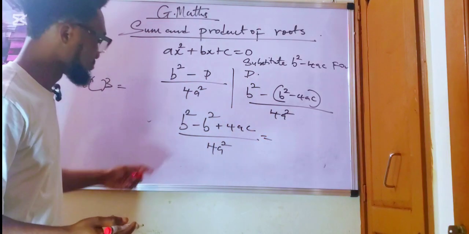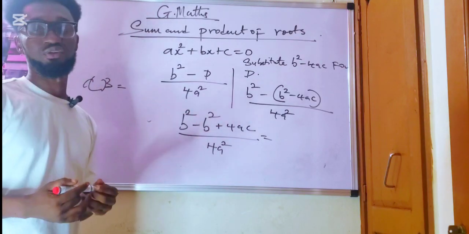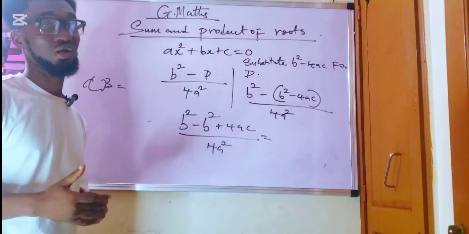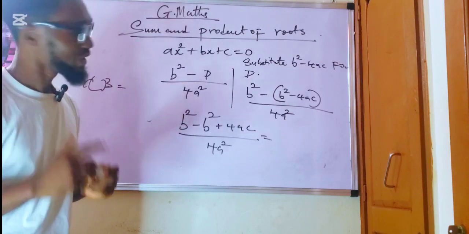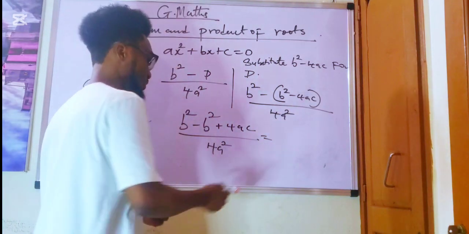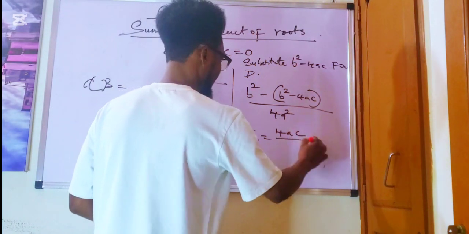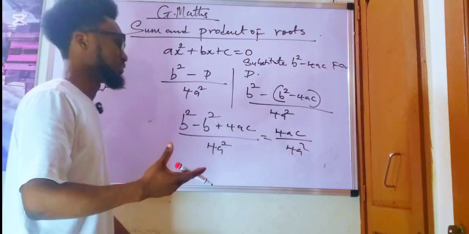Now, of course, mathematically, we already know that b squared minus b squared is what? 0. Everybody say 0. So this is 0, right? So eliminating this already, what do we have left? We have 4ac divided by what? 4a squared.